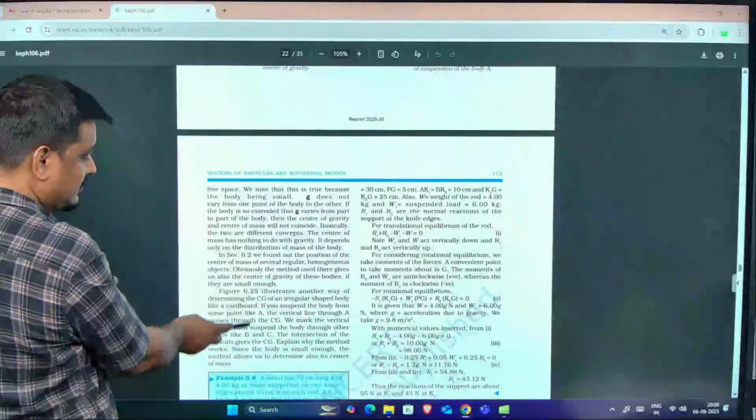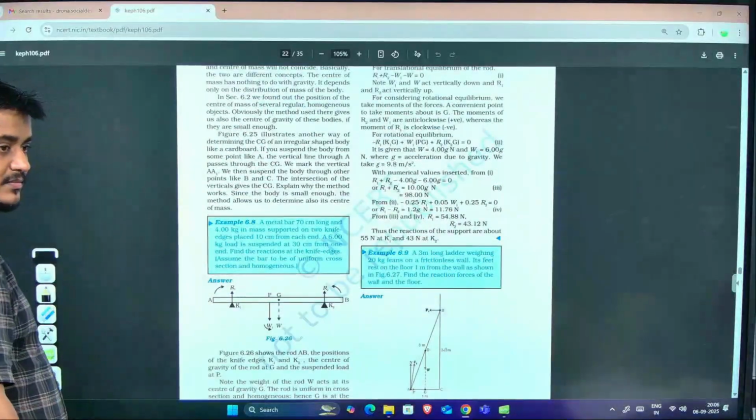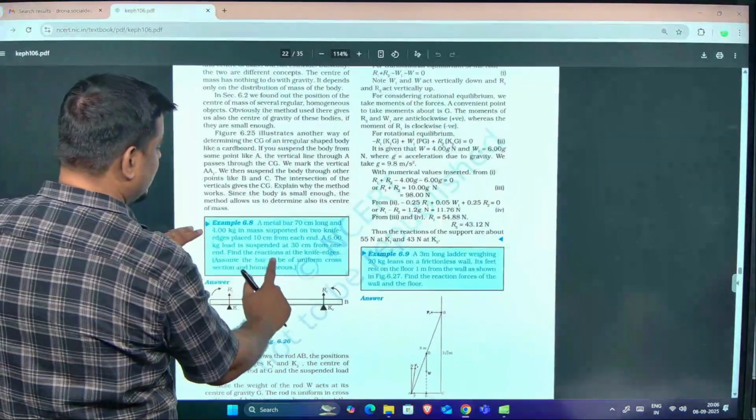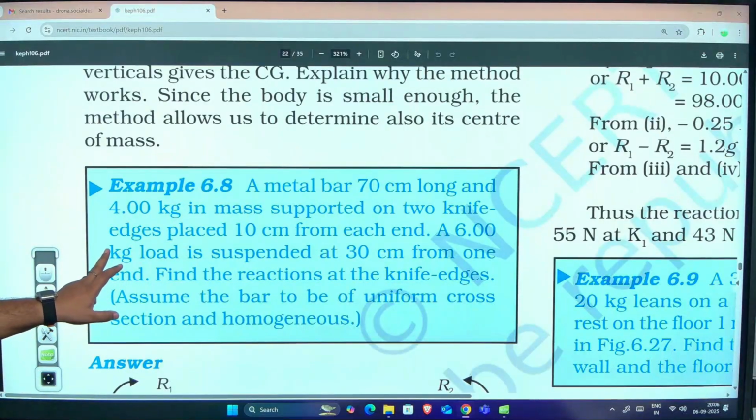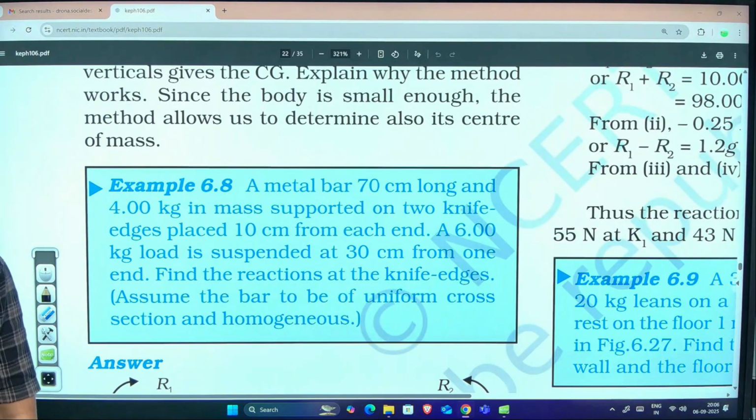Sir, 6.7, you will go a bit. We can do 6.6. I told 6.8, no? Is it hot or cold? Cold for you. Hot for you.